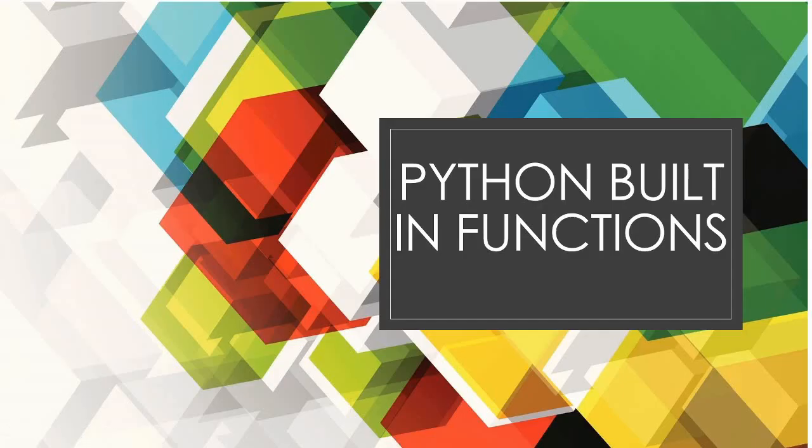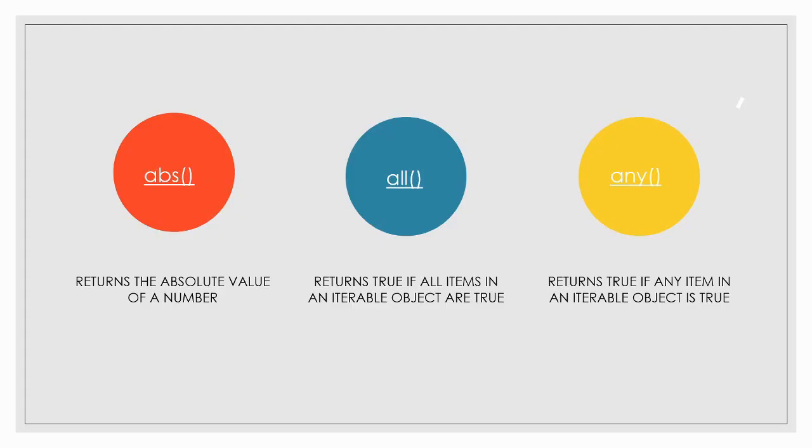As we know, Python is a very rich programming language, so it has a number of functions built into it that are always available and easy to use. They are listed here. So let's start. First, abs returns the absolute value of a number. All returns true if all items in an iterable object are true. Any returns true if any item in an iterable object is true.